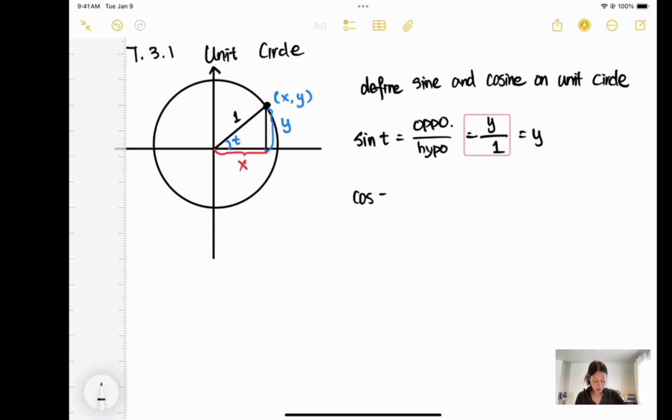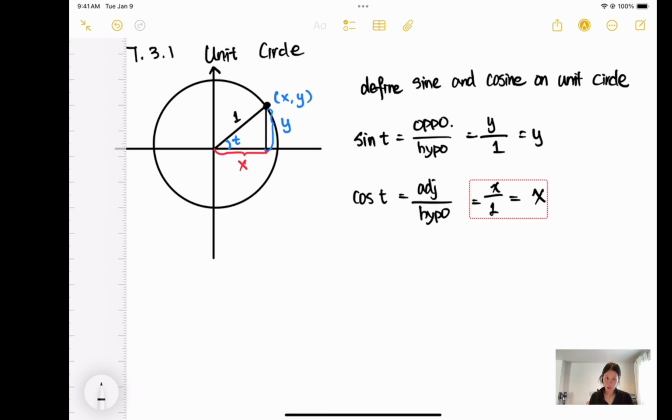So that's our sine. Simplified, it is equal to y. Cosine T is the adjacent side over the hypotenuse. The length of the adjacent side is x, and the hypotenuse is equal to 1. So in this case, cosine T is equal to x. Now here's a question: what about tangent T?